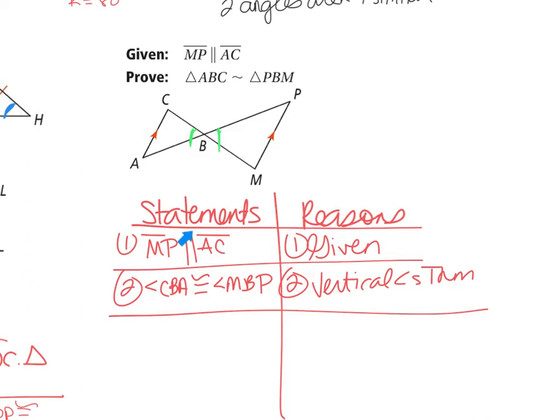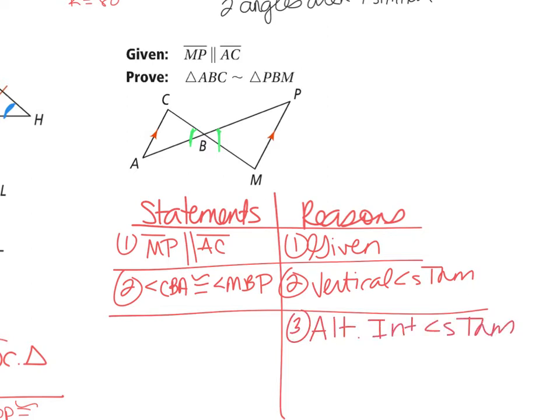Well, they told us right here that the lines are parallel. So that's obviously going to have to do something with this. If you remember from the congruency of triangles, the last half of unit 3, part 1, anytime you saw this, I told you to look for what? The answer is alternate interior angles. So alternate interior angles theorem.